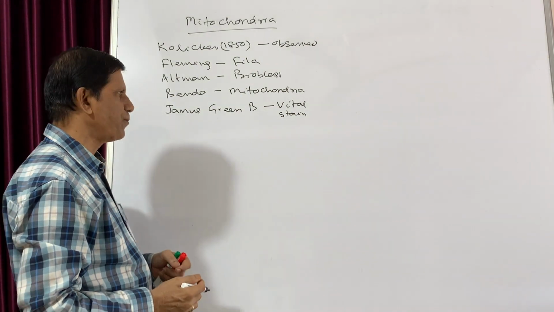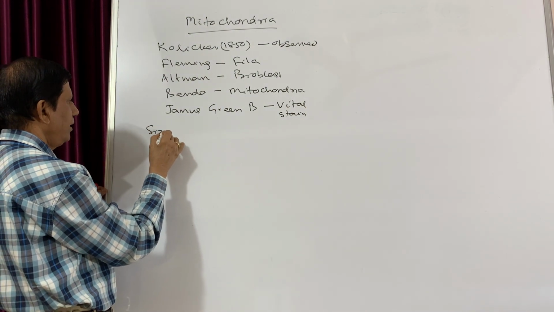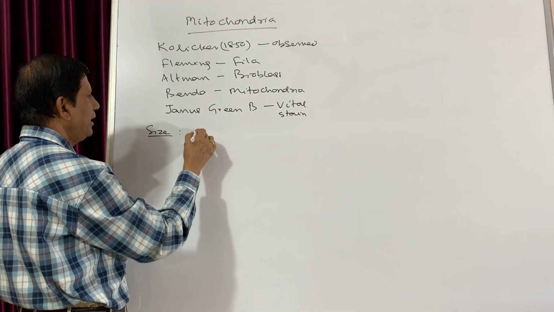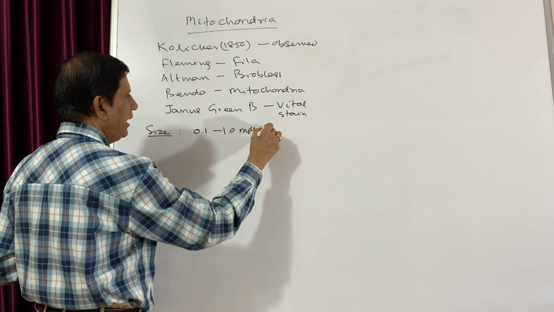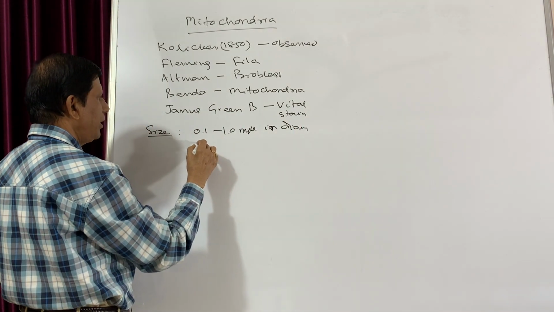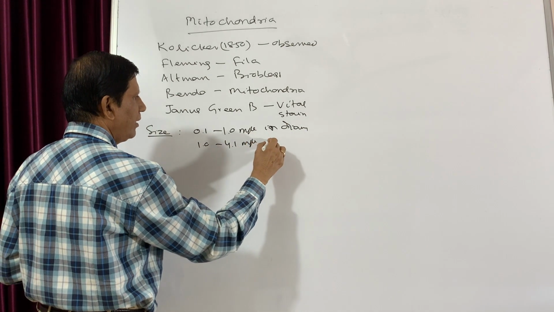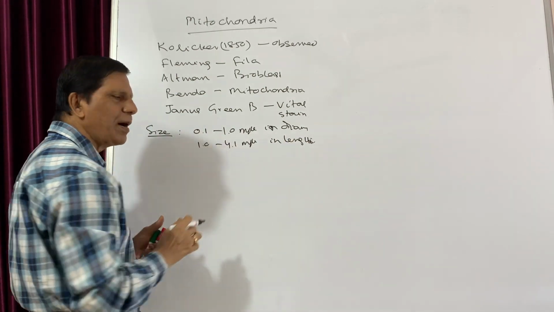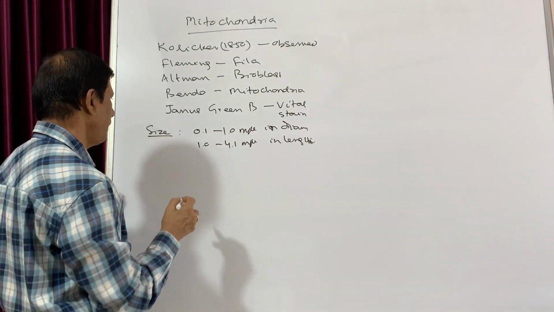Now, if we discuss the size, shape and number. The size usually varies from 0.1 to 1 micrometer in diameter, and usually 1 to 4.1 micrometer in length. This is the average range.